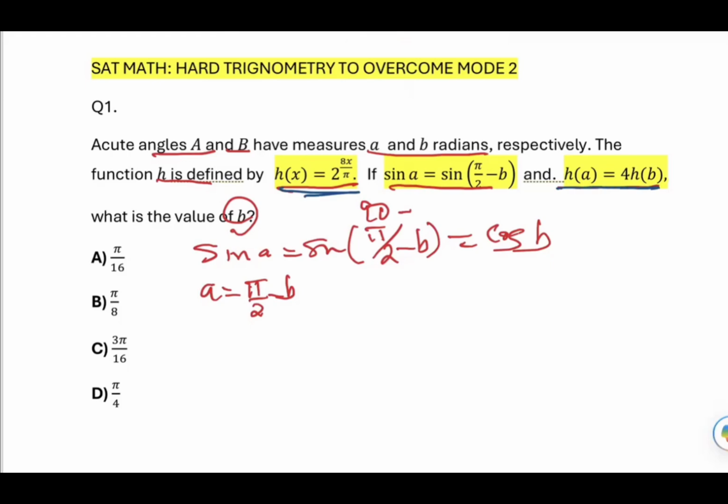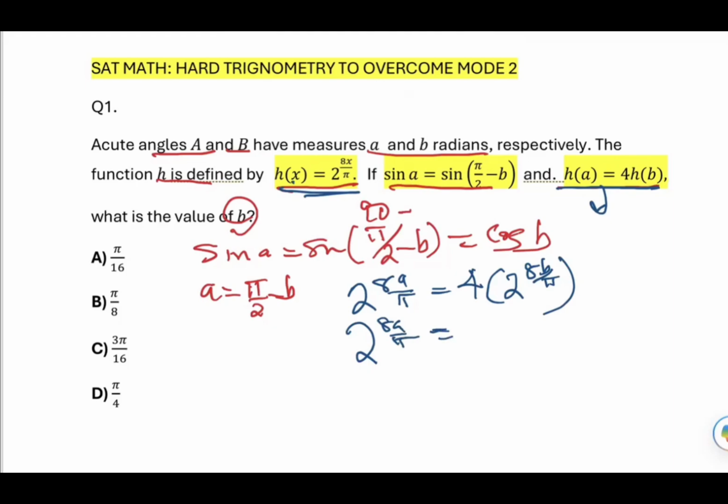Therefore, if you put A here to make this function normal, it's going to be what? 2 to the 8a over pi should be equal to the same thing, 4 times 2 to the 8b over pi. This can simplify to be what? 2 to the 8a over pi, and then this will be 2 to the 2 plus 8b over pi.